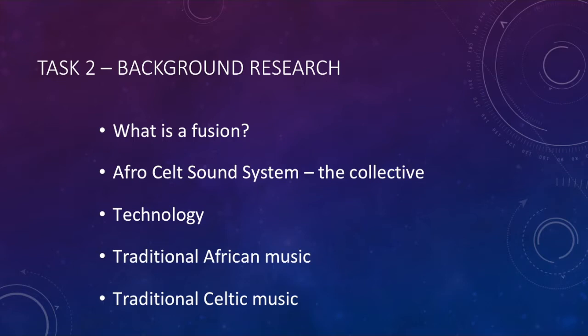The second task I asked you to do was to look at technology used, and I gave you an extract from the Edexcel textbook about technology used in this piece. So from that, hopefully you've improved your understanding of multi-track recording. We touched on this when we looked at Queen.